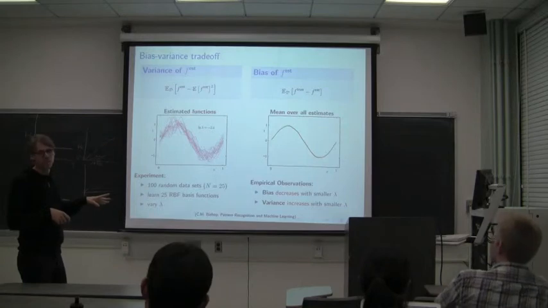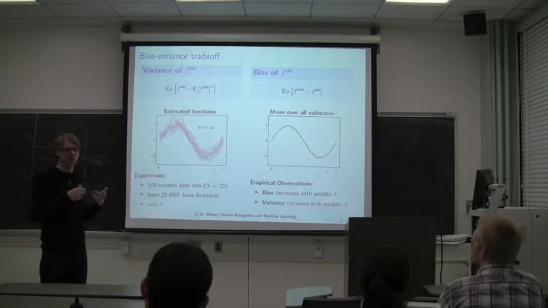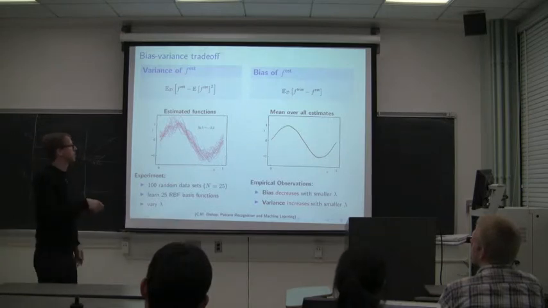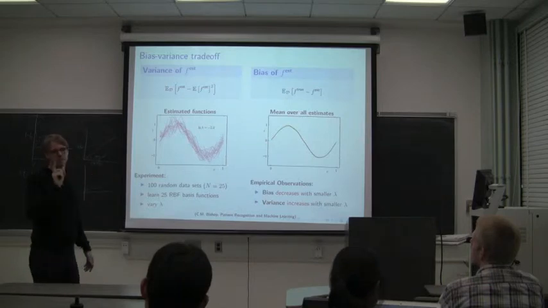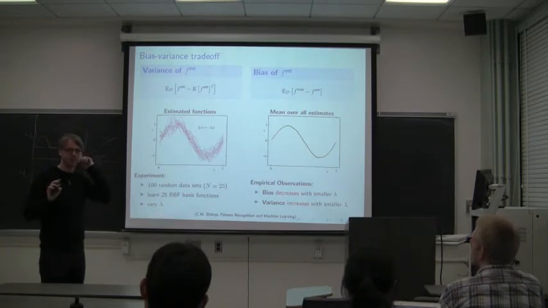And the limit of this is the 0 bias estimate, which is the maximum likelihood estimate, which has lambda equal to 0. But it has a very large variance. If we fit this 9th order polynomial with maximum likelihood, we have 0 bias, as long as the true function is in the considered model.